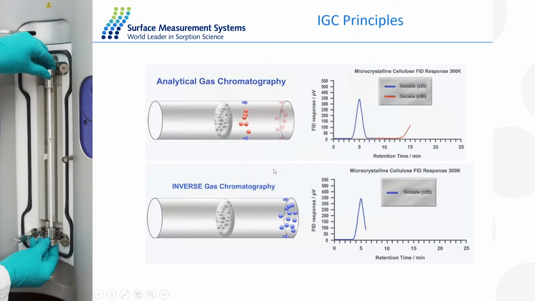However, in the case of inverse gas chromatography, the technique that we're looking at, we have our column packed with our sample of interest, and we're injecting known molecules. And from the interaction of our molecules and our sample, we obtain different retention times. From there, we can analyze the peaks and obtain different physicochemical properties.